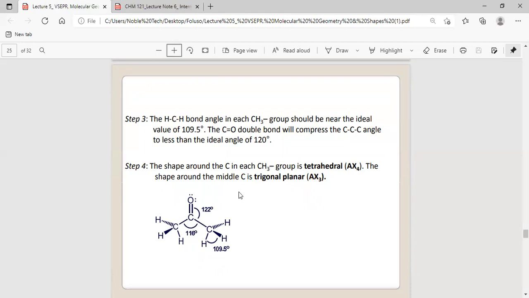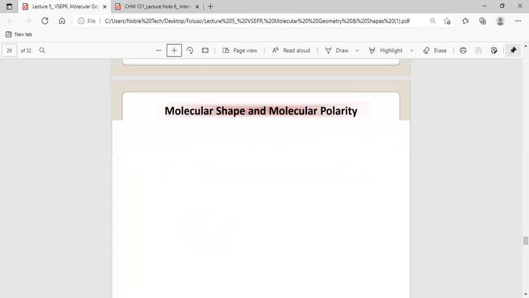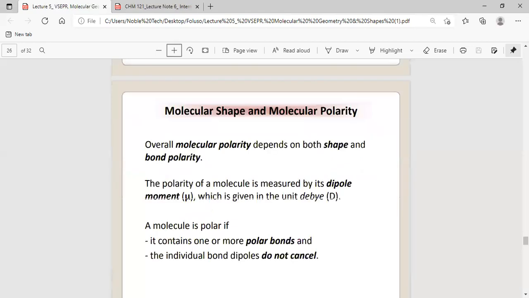So you can see that in this case, we have different types of hybridization because we have different types of central atom. You have tetrahedral, that is an AX4. You have trigonal planar, that is an AX3.